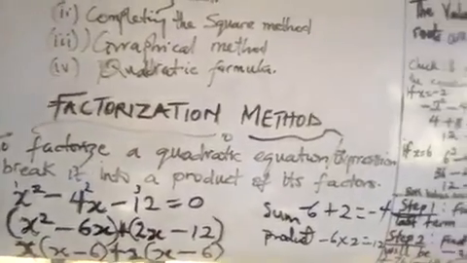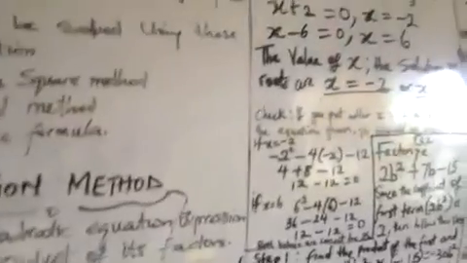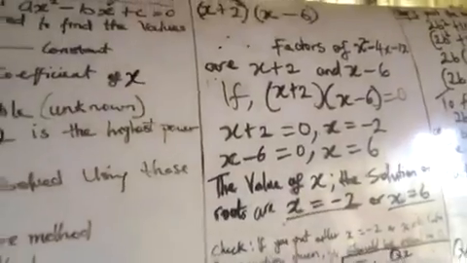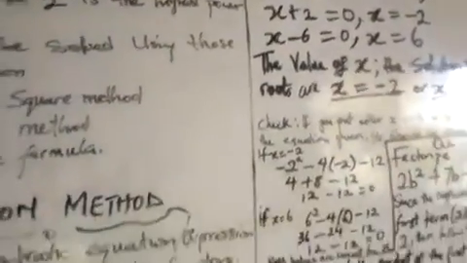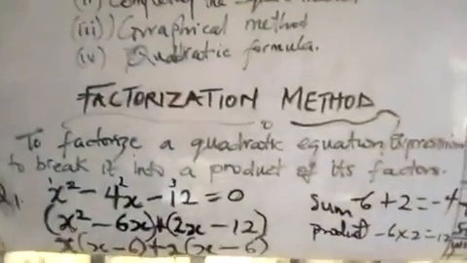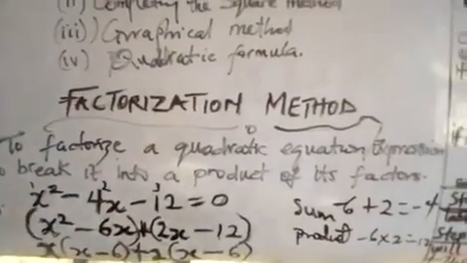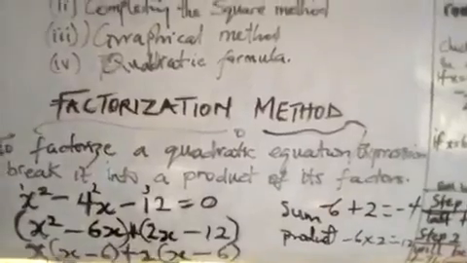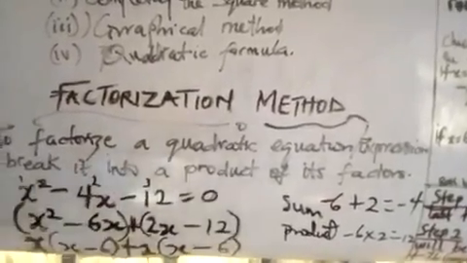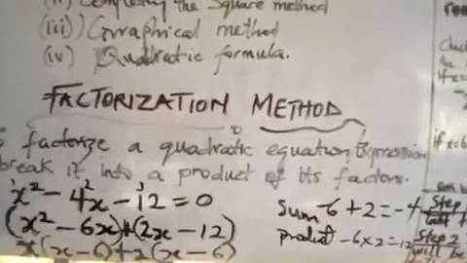Now, one of the critical things at this point is that the two values in parentheses inside the bracket must be the same. If the two values in the bracket are not the same, then you have gotten something missing in the previous stages.